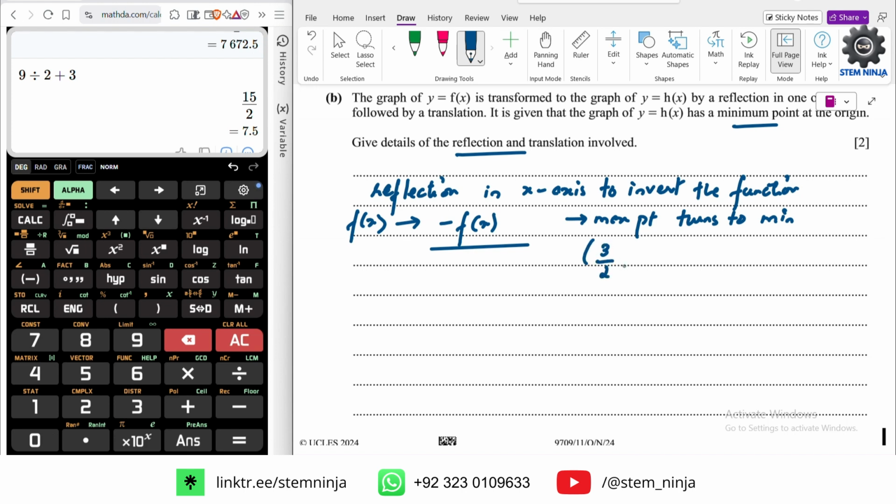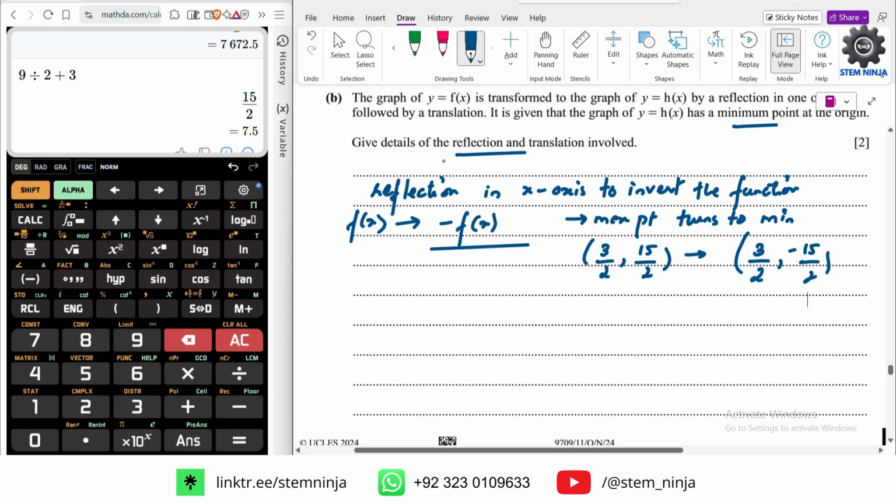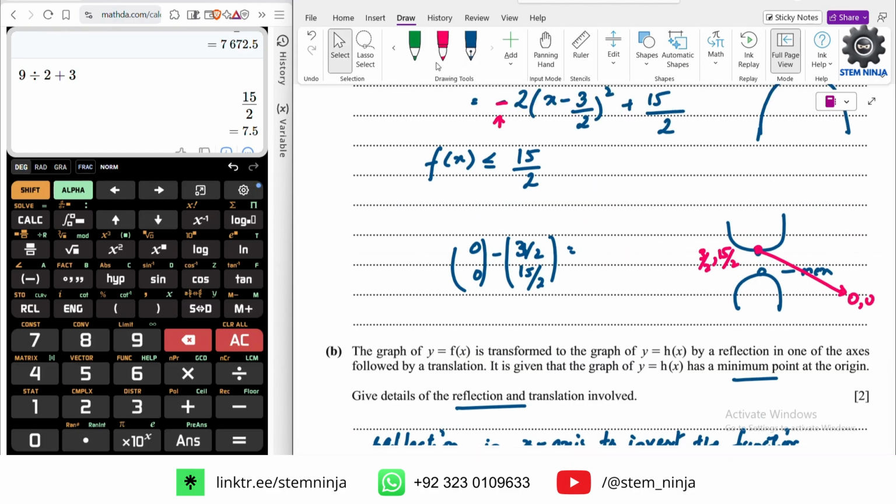Previously we had 3 over 2, 15 over 2. This transforms into 3 over 2, minus 15 over 2. So instead of this thing, I think I made a mistake. Yeah, sorry. This would be minus 3 by 2 and 15 over 2. So minus 15 over 2 would go actually upwards to 0, 0 over here.